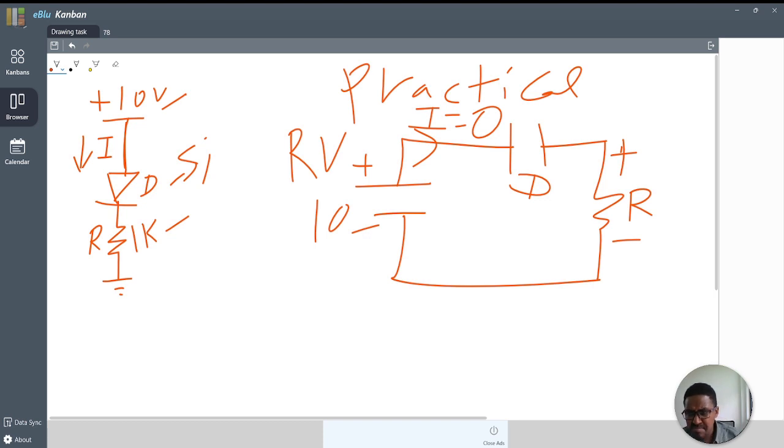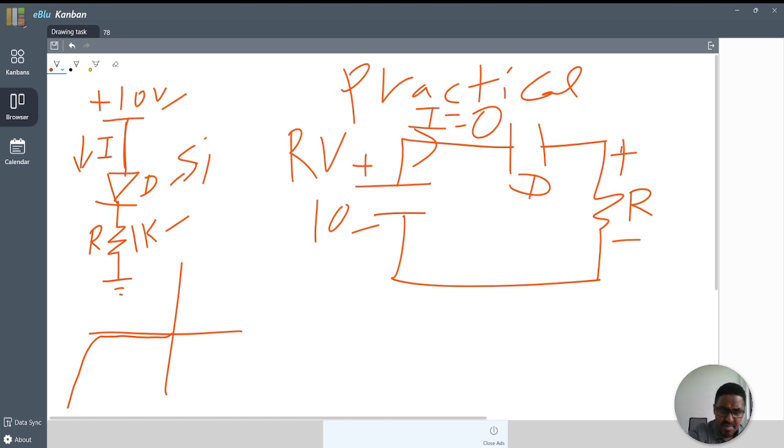But some minority current we can get, as you know from the characteristics of a diode. During reverse biasing, when our source voltage does not exceed the reverse voltage range, some minority current flows. But when it exceeds the reverse voltage, the diode becomes damaged.